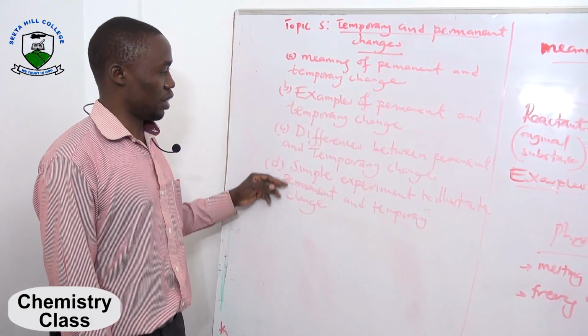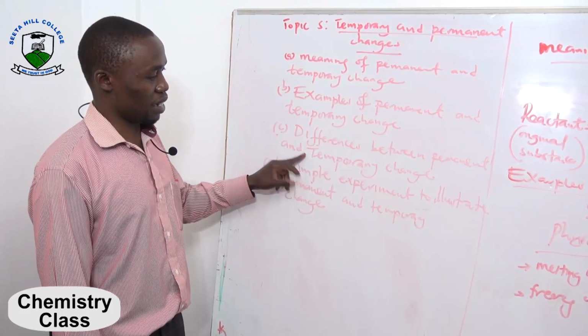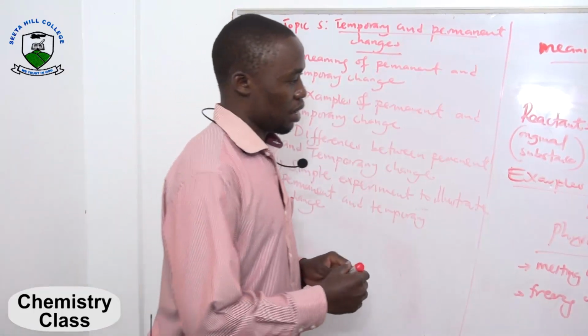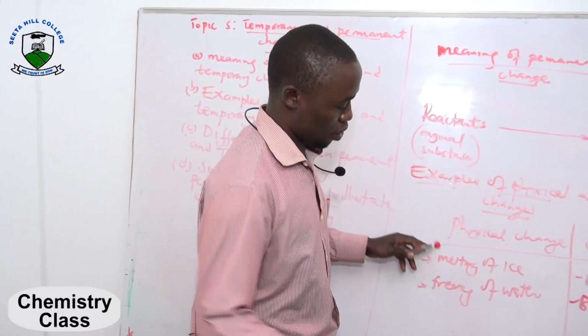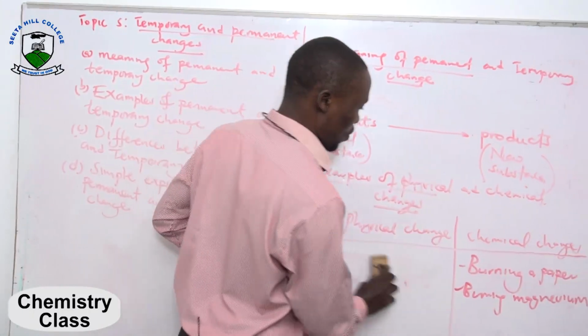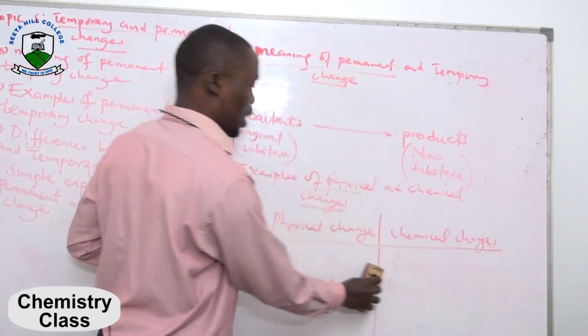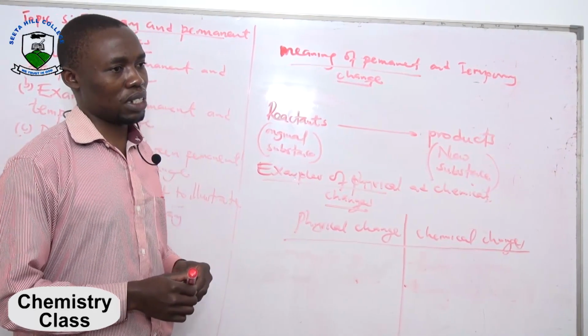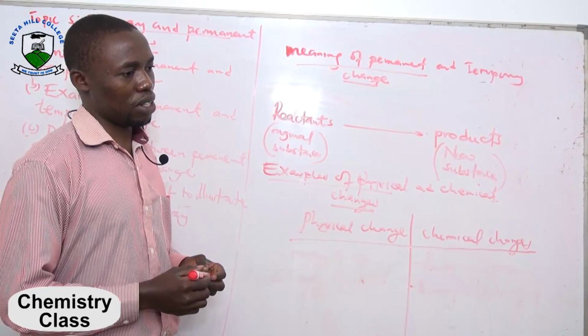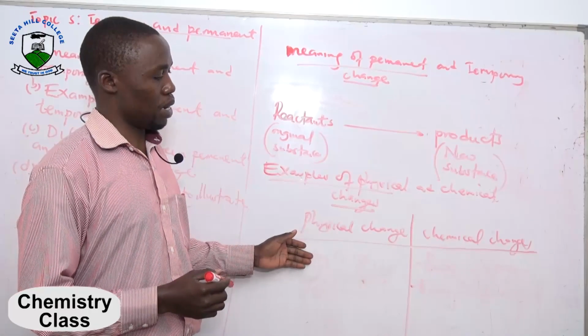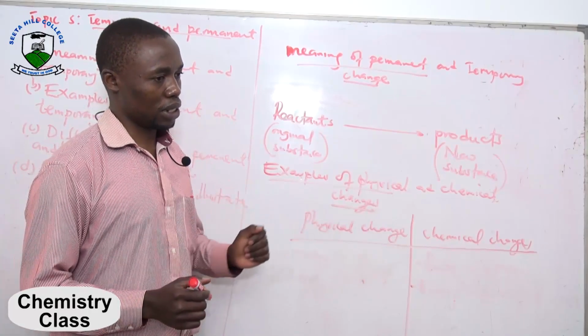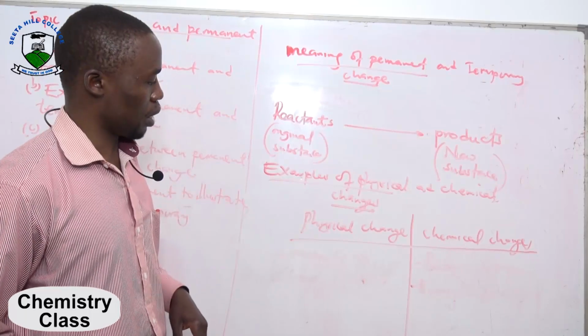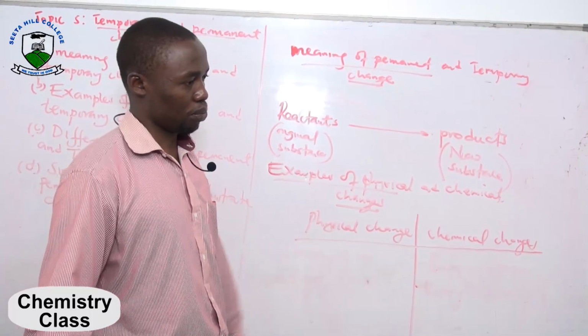Then we shall see the lesson: the difference between permanent and temporary change. What are the differences between a physical change and a chemical change? I hope you discuss them, then you give them to me.